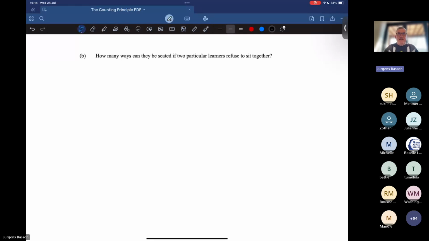So we have 6 learners and 2 insist to sit together. So we have 6 people in total, 2 want to sit together. So you agree we have a group of 2 and we've still got another 4. But it's only those 2 that is a group. So that is 2 factorial. You count it as 1, and then you bring the 4. So it's then 2 factorial times 5 factorial.